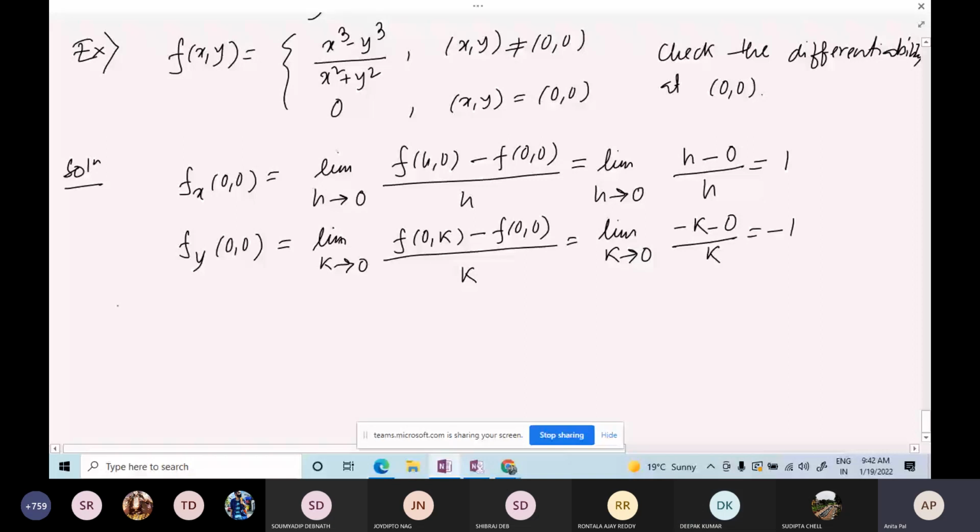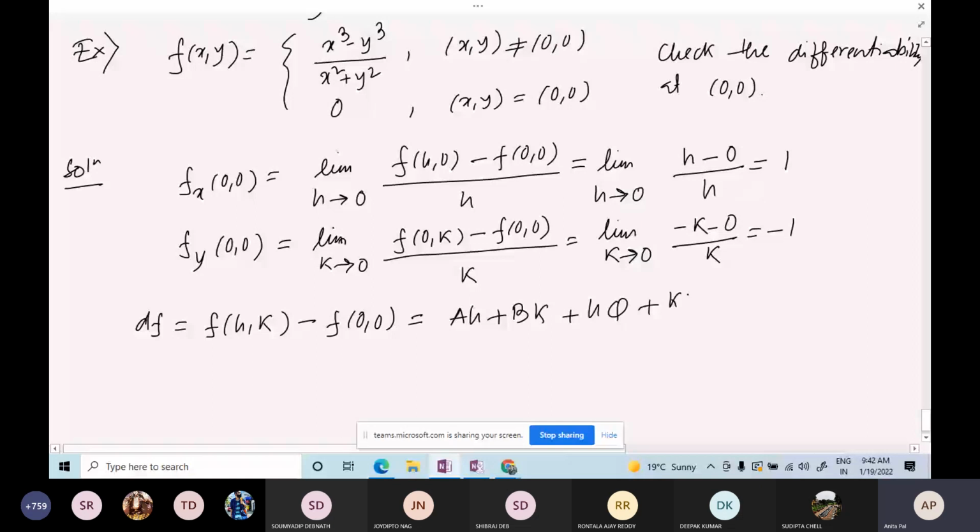Now, if the function is differentiable at 0, 0, then by definition, we should write like this. Just now I have written the definition. So it will be A h plus B k plus h phi plus k psi. This is the definition where A and B are constants.